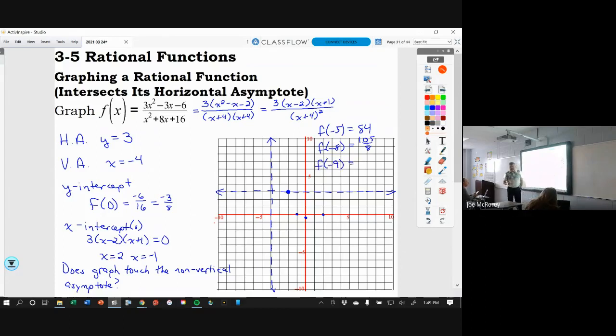It's 264 over 25. Well, that's more than 10 also, isn't it? It's like 10 point something. Okay, so at negative 9, we're up here. How about at negative 10?